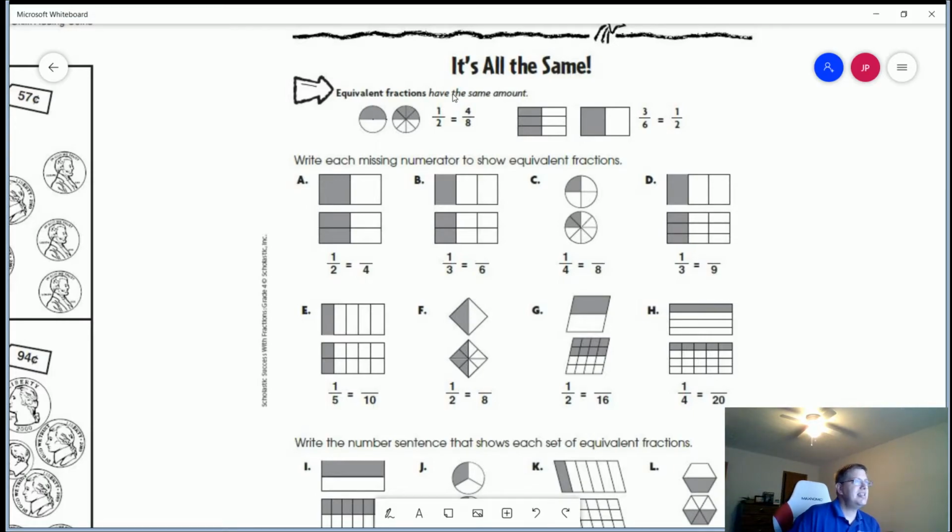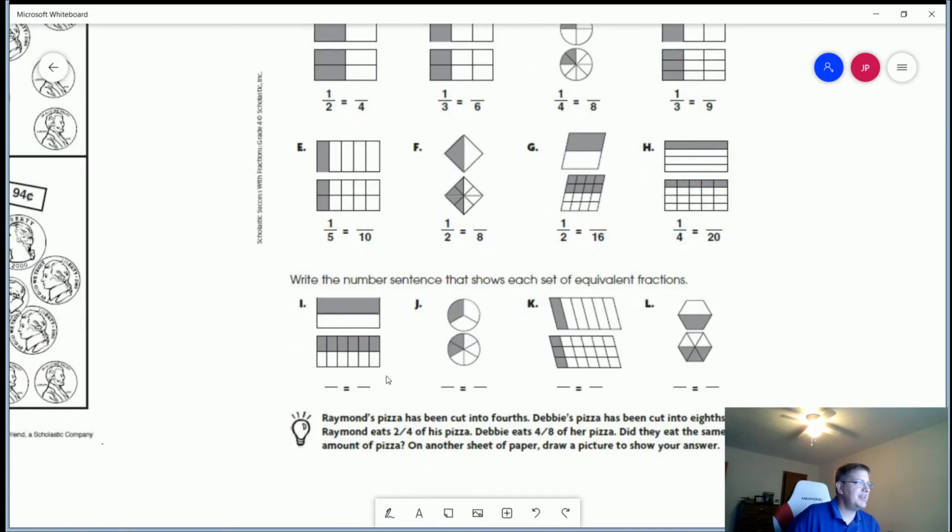So taking that and the other example we have here, we want to look and see if we have 1/2 here, how many fourths do we have shaded in so that we can practice. This one should be fairly easy until we get down here. Once we get down here, we're going to put the fraction that we have first and then the fraction that we have second. Make sure we count all of the parts for our denominator and only the parts that are shaded in for the numerator to make sure that we get that.